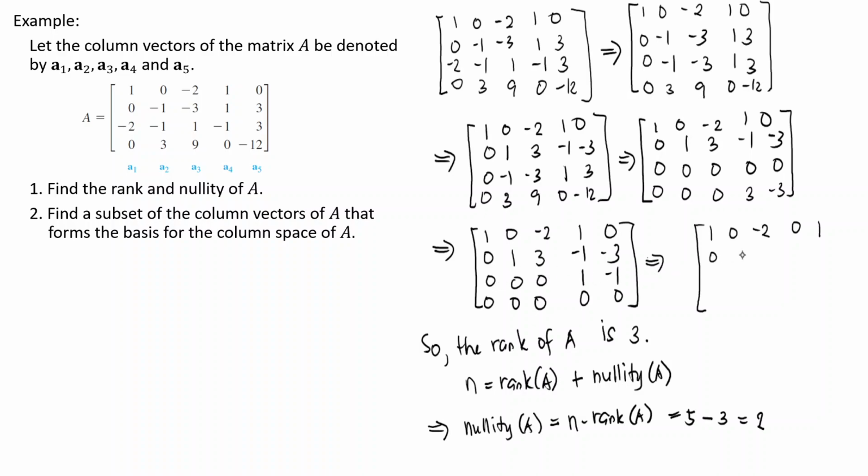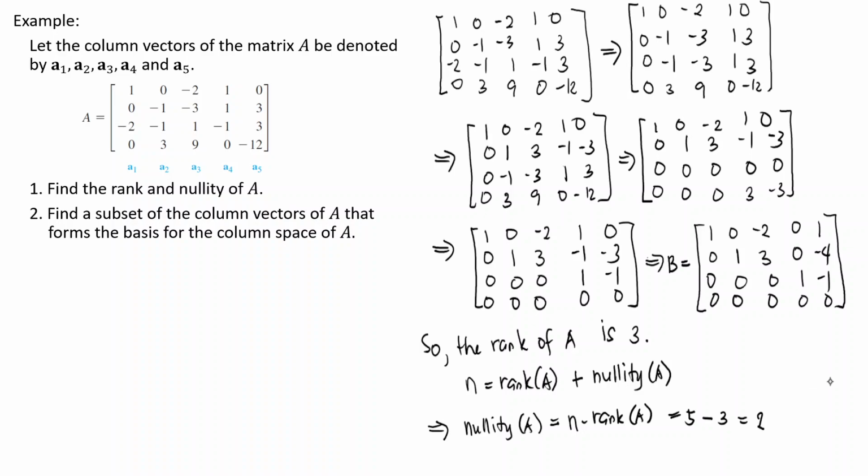So we have 0, 1, 3, 0, and then -4. Then 0, 0, 0, 1, -1, 0, 0. So we have now the reduced row echelon form corresponding to the given matrix A. Let us name this matrix B.